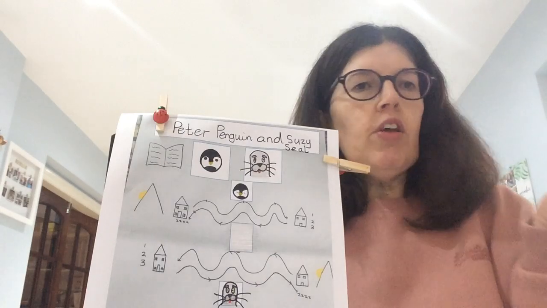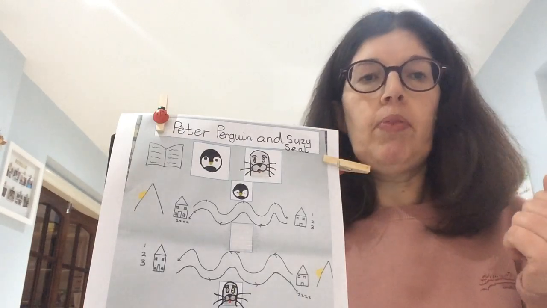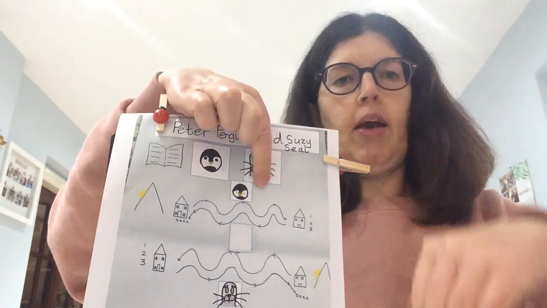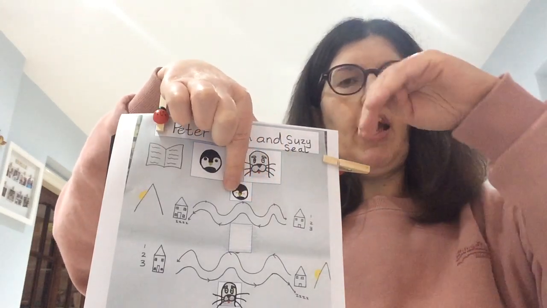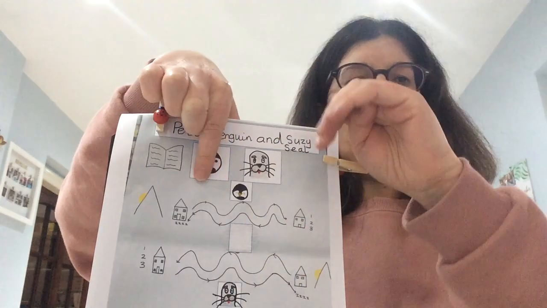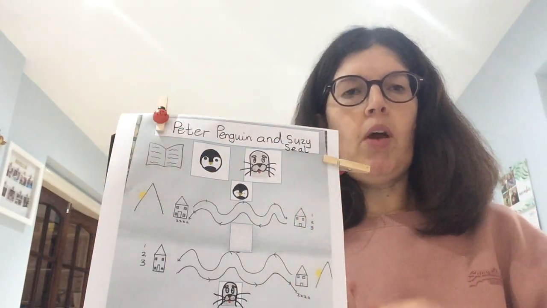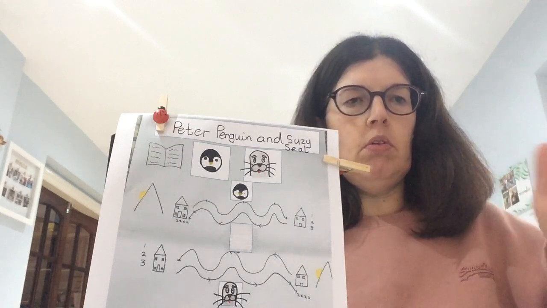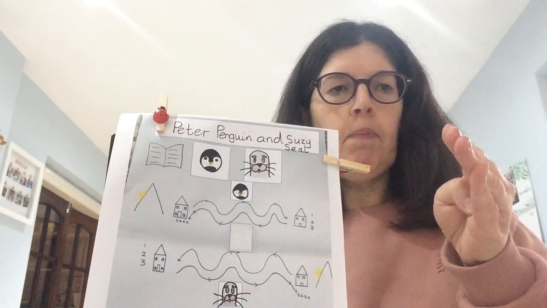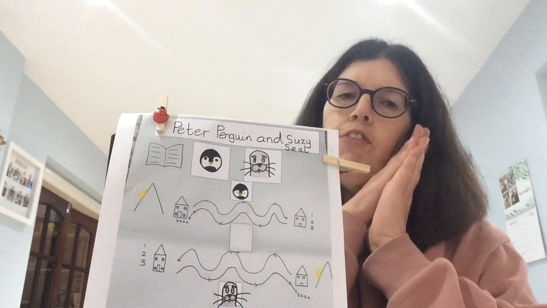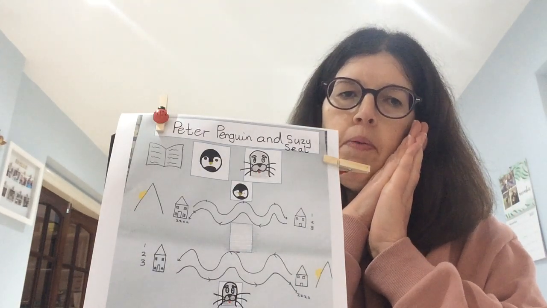But Susie Seal still didn't answer. So Peter Penguin went up the hill and down the hill, all the way home, where he opened up the door, popped inside and closed the door. And he fell fast asleep.